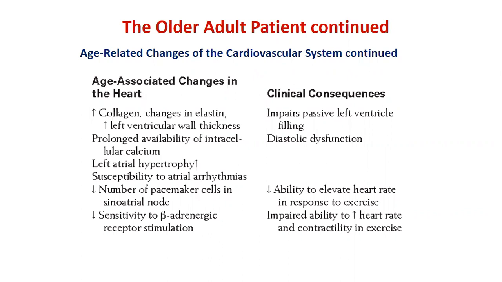And the dropout of atrial pacemaker cells results in decreased intrinsic heart rate. Also, with fibrosis of the cardiac skeleton, there is calcification at the base of the aortic valve and damage to the His bundle branches as they perforate the right fibrous area, right? So all of this occurs because of aging.